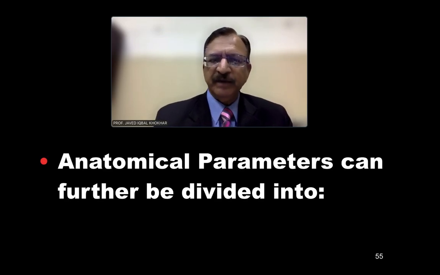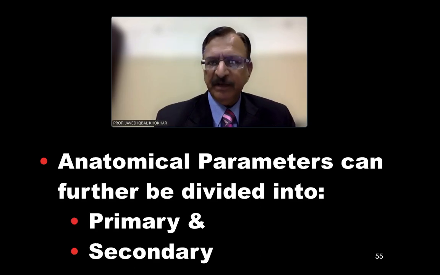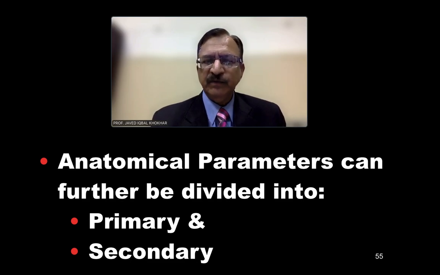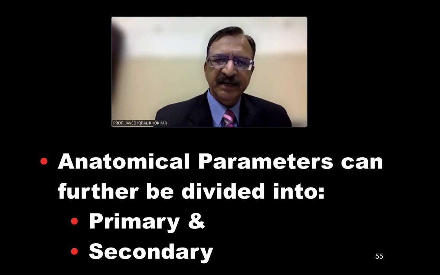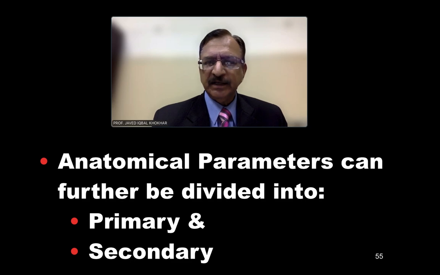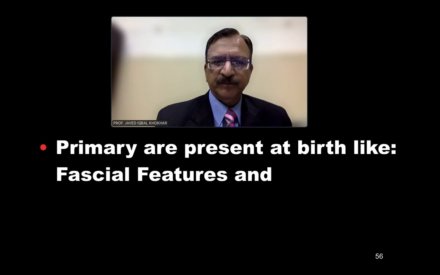Then the anatomical parameters can further be divided into primary and secondary. Primary means the parameter which is present at birth, and secondary which the person acquires with passing age. Any parameter on the body like the scar mark, the cut mark, the tattoo mark, or any other parameter which develops later on.